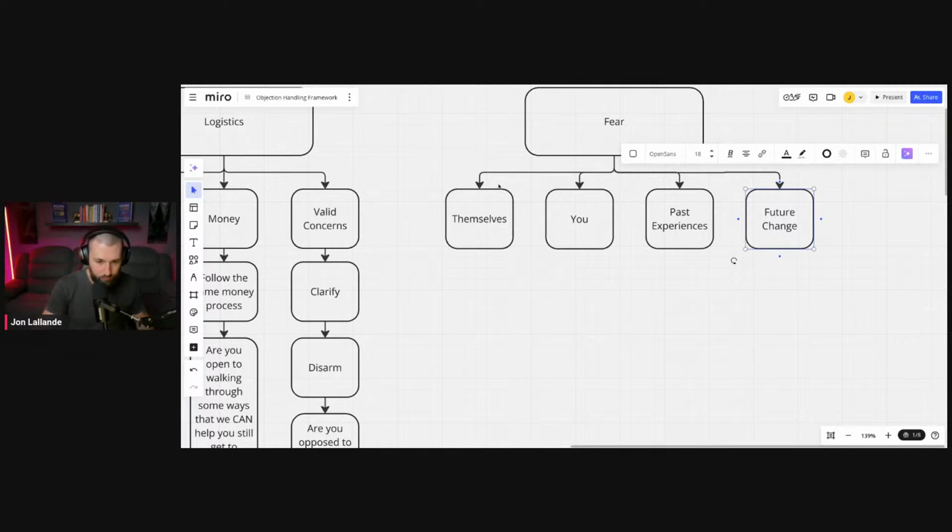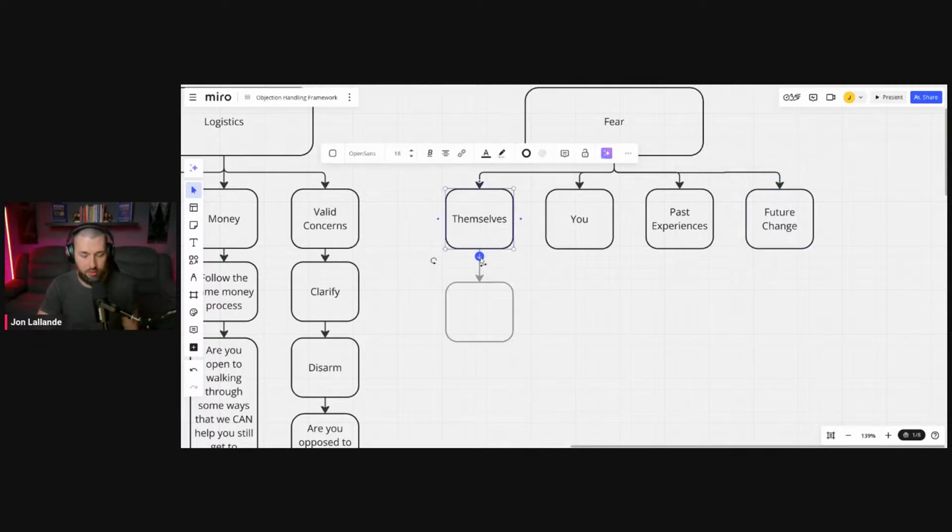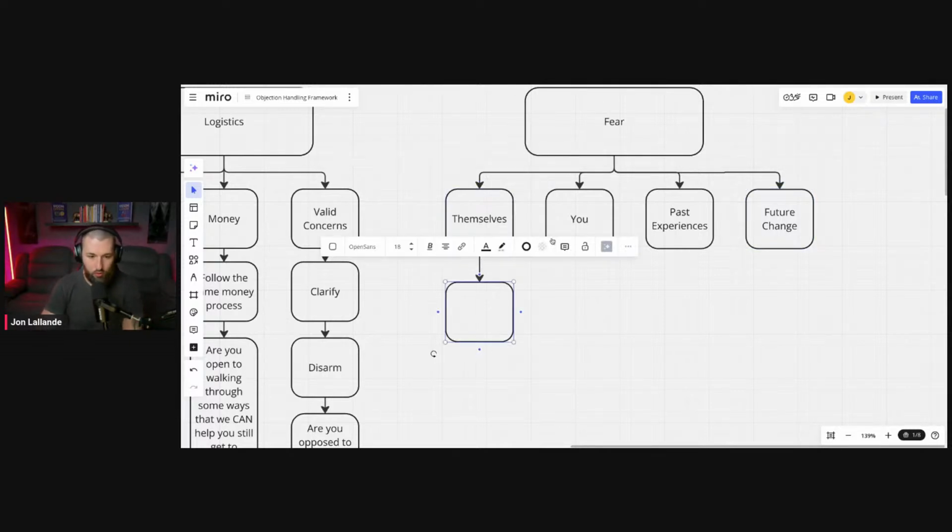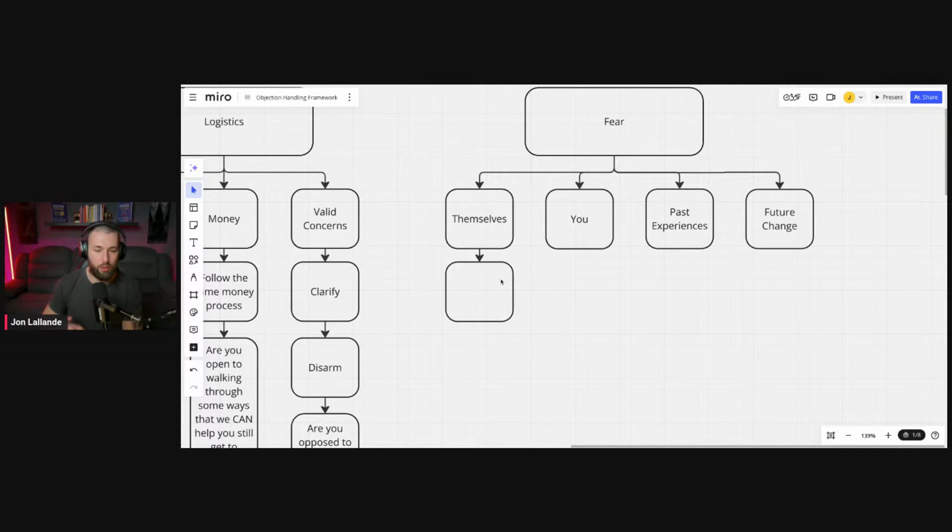So the first one is going to be themselves, right? And the way this fear objection typically comes up is, okay, if we were able to do all of this, what's your biggest concern at that point? They're like, well, I just have no idea. Like this is just a lot for me, and I haven't really made good decisions in the past. Right?